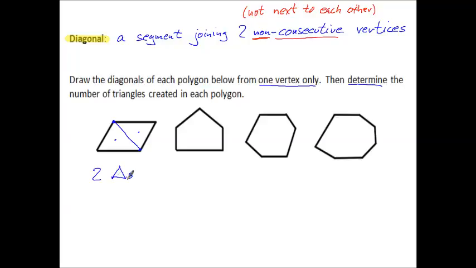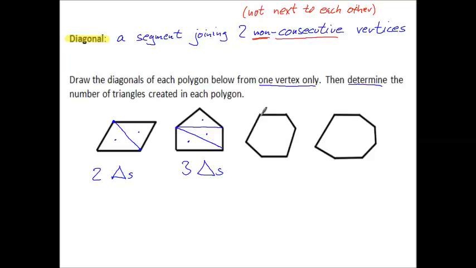Now let's do the same thing with our polygon over here. I'm going to start over here. This is our first non-consecutive vertex. Here's another one, and that gives us a total of 1, 2, 3 triangles.